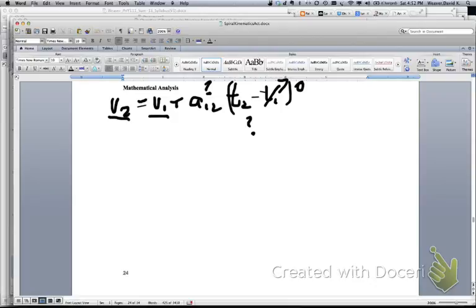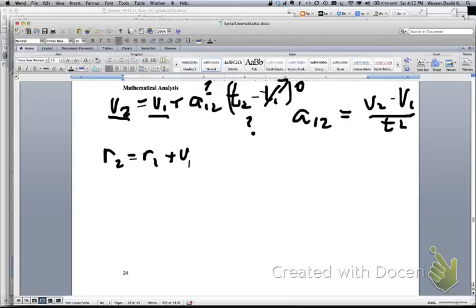I'll just pick one. How about A12? I'll let you do the algebra, but A12 is going to equal (V2 minus V1) over T2. Now I'm going to look at R2 equaling R1 plus V1 times (T2 minus T1) plus 1/2 the acceleration times the square of the time difference.